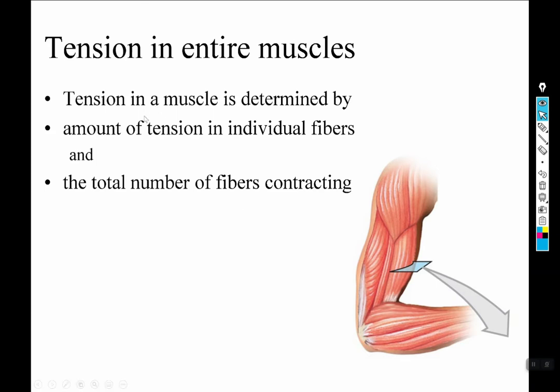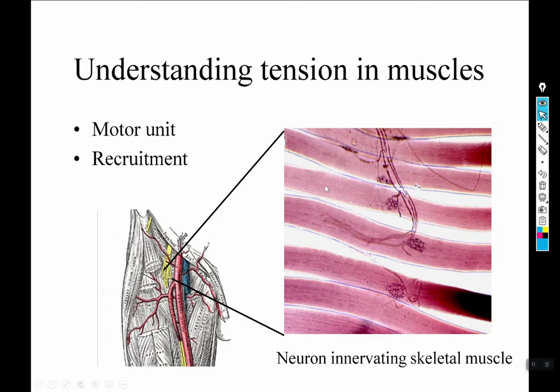So a motor unit is the key to understanding the duality of tension in muscles. So the idea that we have two parameters ruling how much tension we can generate in a muscle organ. So a motor unit is going to be one motor neuron innervating several muscle fibers.